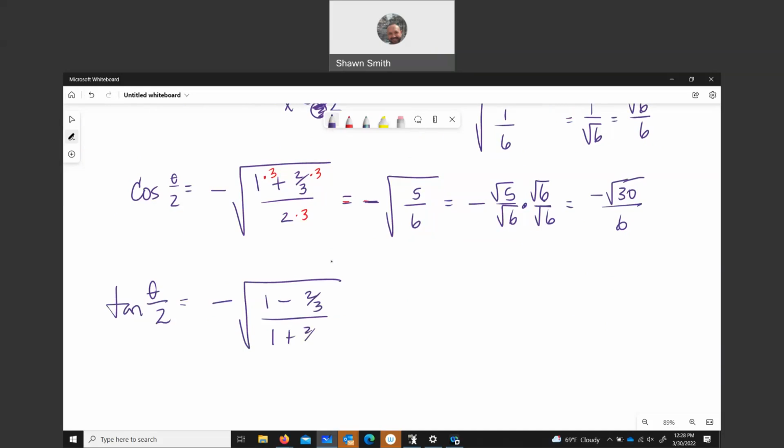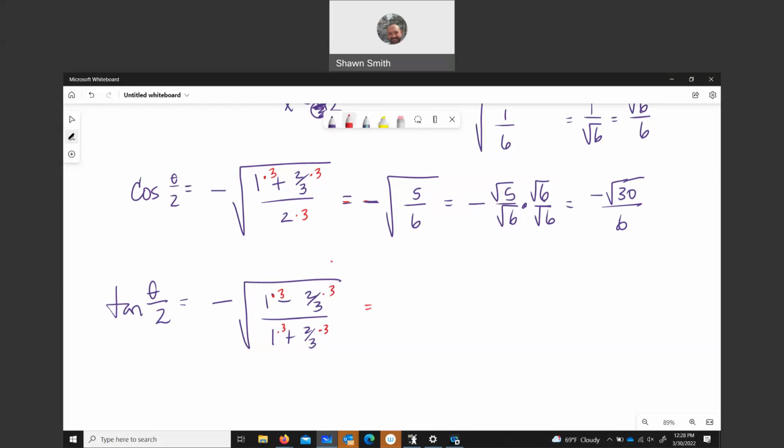So 1 plus the 2/3. Again, clear out the complex fraction. You can leave this on my test, I don't mind. You indicated you use the right formula. You've got the correct value of cosine. You selected the correct sign, S-I-G-N, for the radical. This is just elementary arithmetic now.